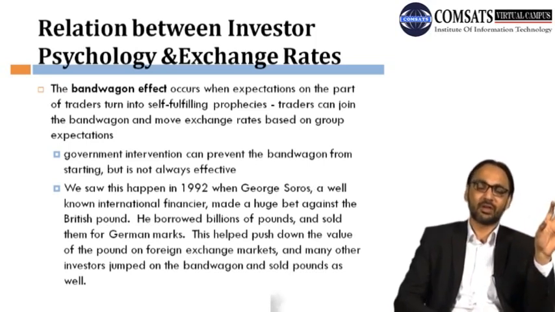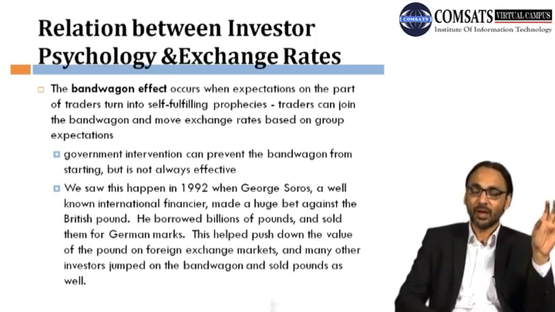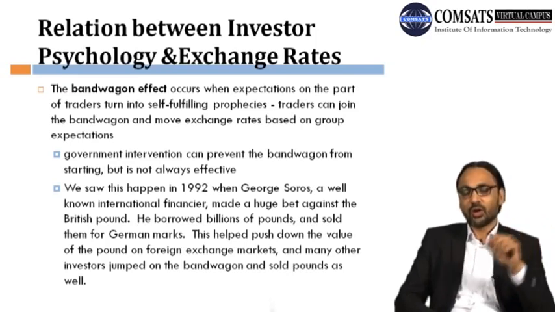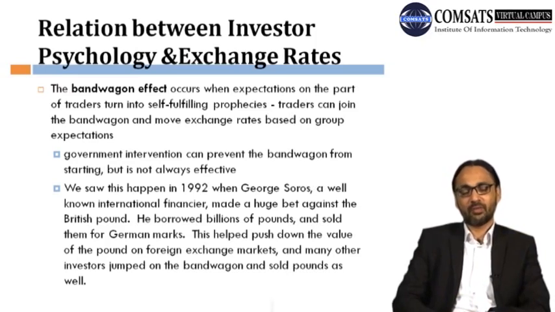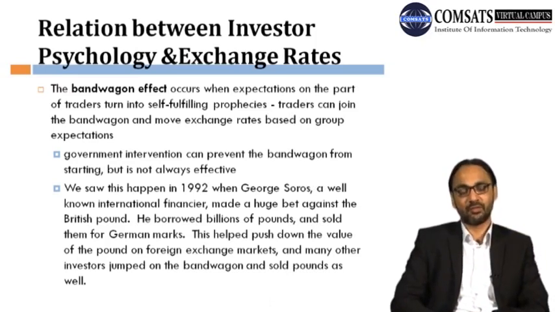We have seen this, and explicitly we can state it: when expectations on the part of traders turn into self-fulfilling prophecies, traders can join the bandwagon and move the exchange rate based on group expectation. Government intervention can prevent bandwagons from starting, but it's not always effective.